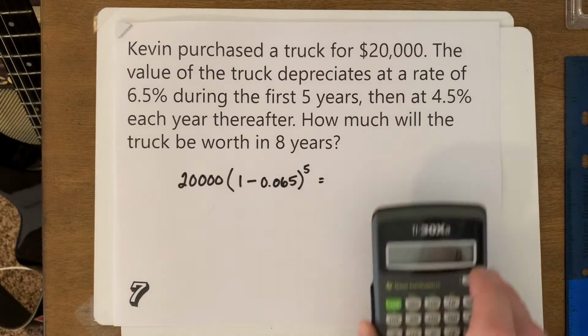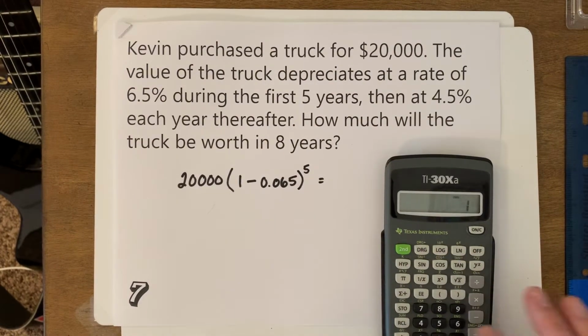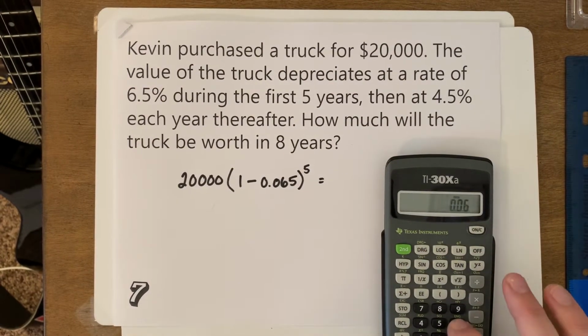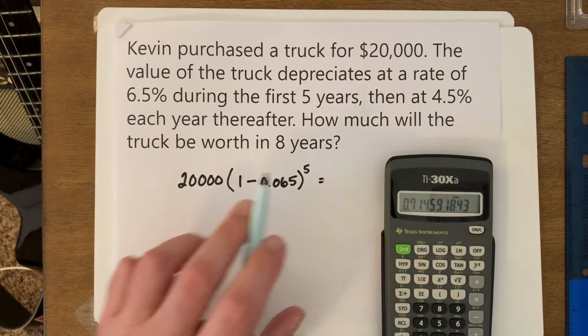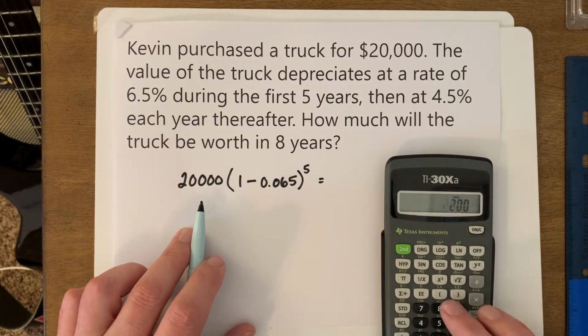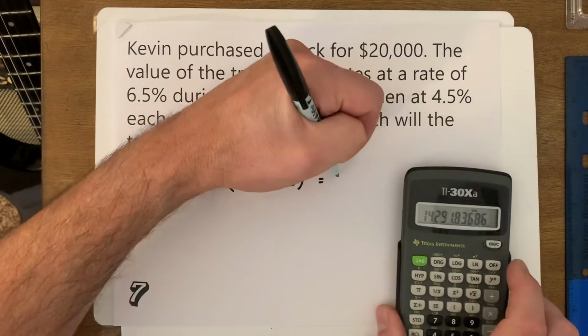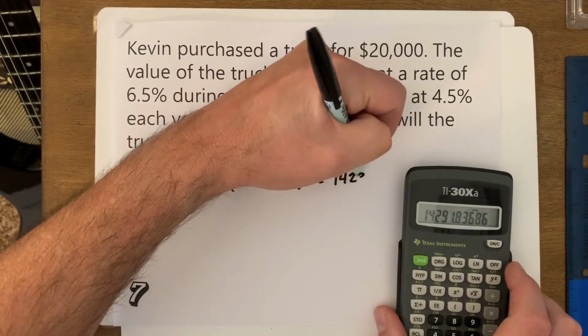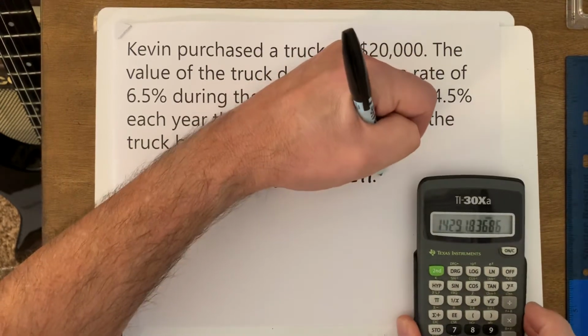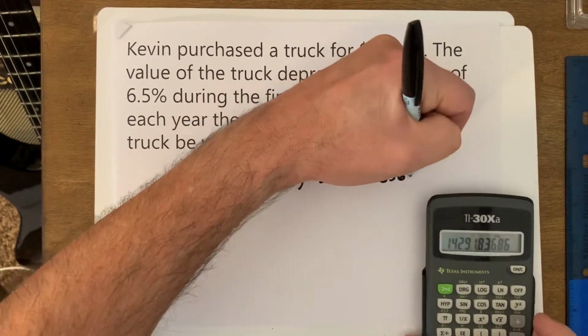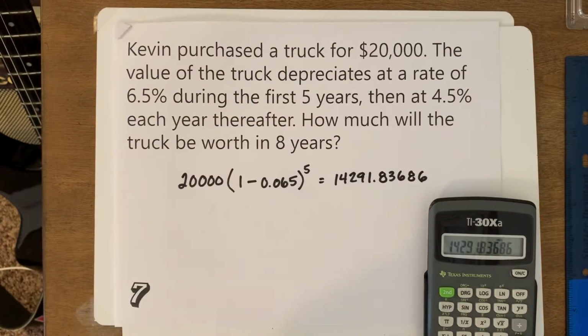So 1 minus 0.065 equals, now raise that to the 5th power, and now we'll multiply by 20,000, and we get about 14291.83686. That's going to feed into the next problem. I'm going to keep every one of those digits to make it more accurate.